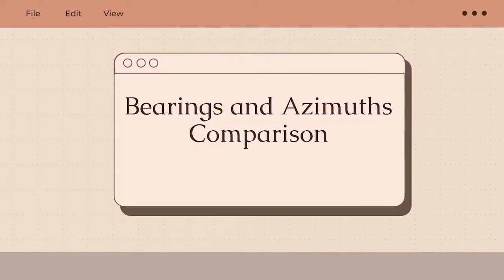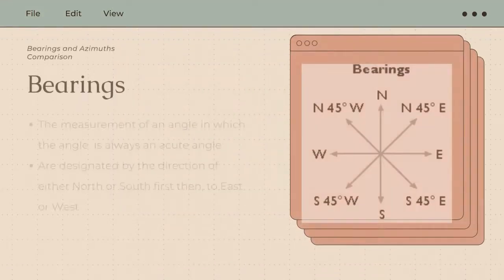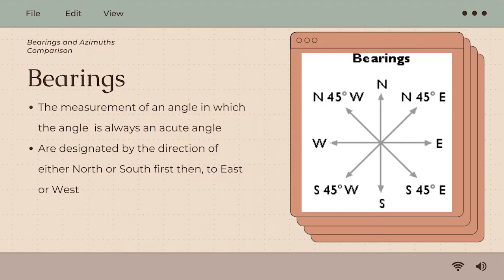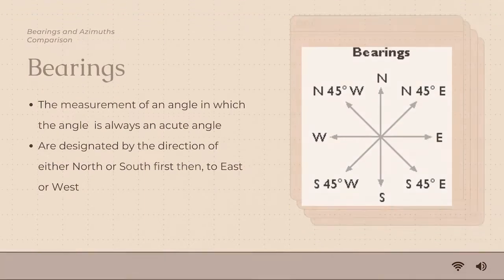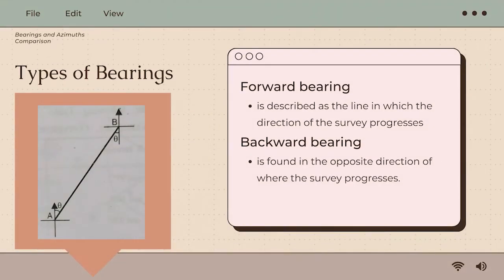In this slide, we are going to be talking about bearings and azimuth comparison. A bearing is the measurement of an angle that always gives an acute angle. Bearings are designated by the direction of either north or south first, then east or west. Types of bearings include forward bearing and backward bearing.